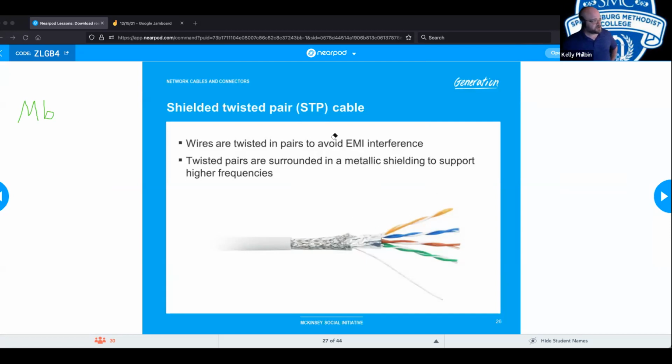The shielded twisted pair is more expensive. It is harder to work with. It has these 8 wires in it that are twisted together, as you can see. And then they have a foil wrapped around those wires to try to avoid or minimize any electromagnetic interference.